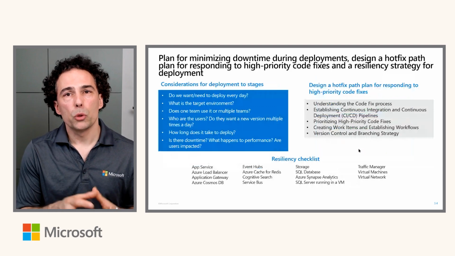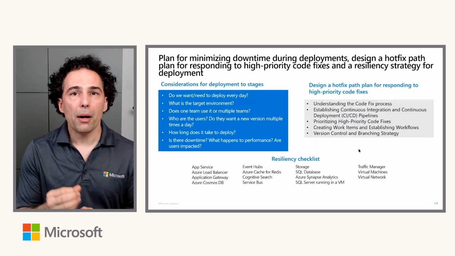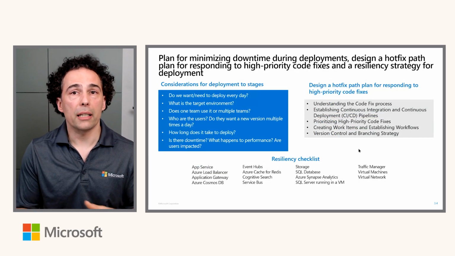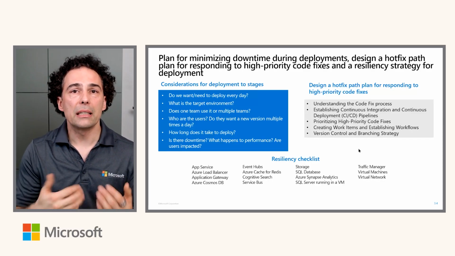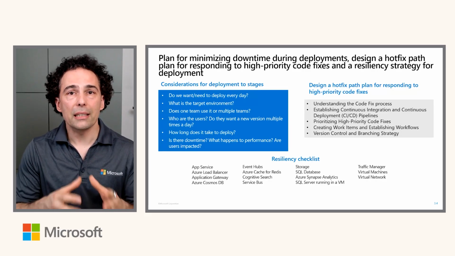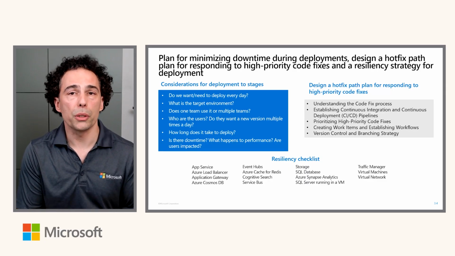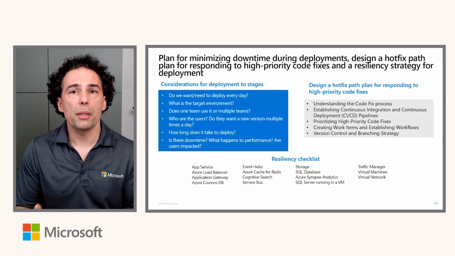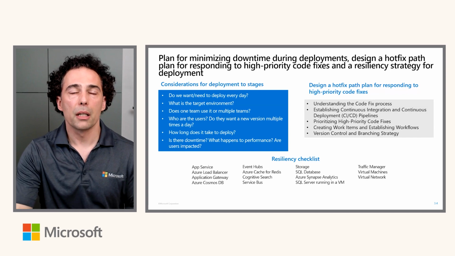Minimizing downtime during deployments is key for each DevOps team. Think about how you want to deploy your app for different stages like development, testing, staging, and production. They might need distinct settings, permissions, and dependencies. It is essential to have a plan for how to fix urgent bugs in your code. You should be able to deploy a quick fix to the environment that needs it without messing up your regular deployment process.